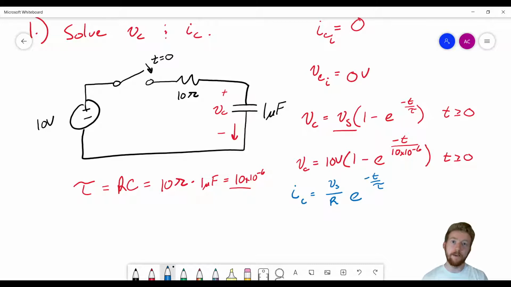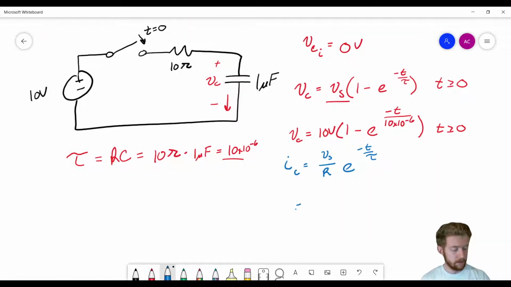We know Vs, we know R, and we also know tau, so we know everything in this equation. Vs is 10 volts, R is 10 ohms, so Vs divided by R is just going to be 1 amp, times e to the negative t. Remember, tau is 10 times 10 to the negative 6, so that's what we'll put here.